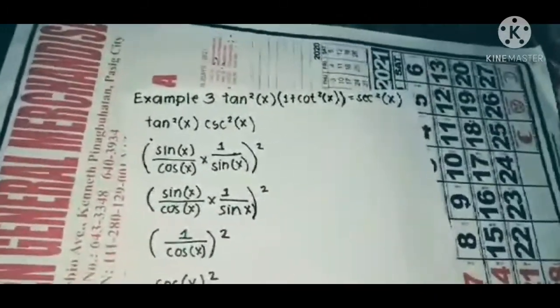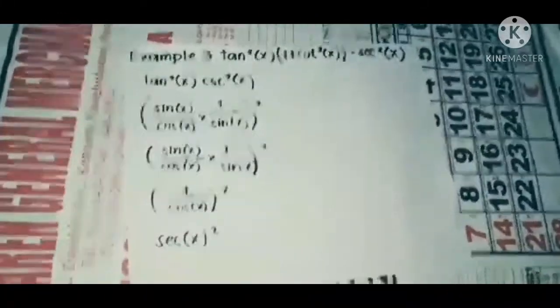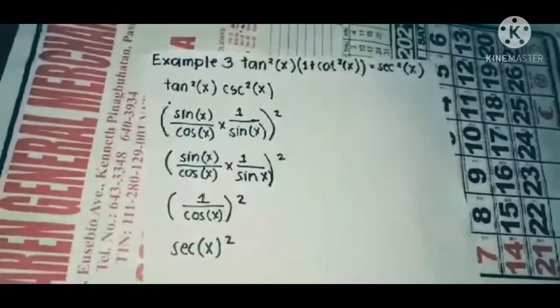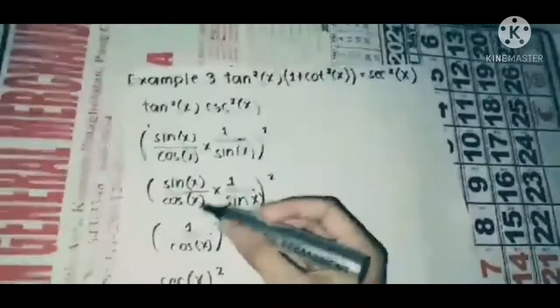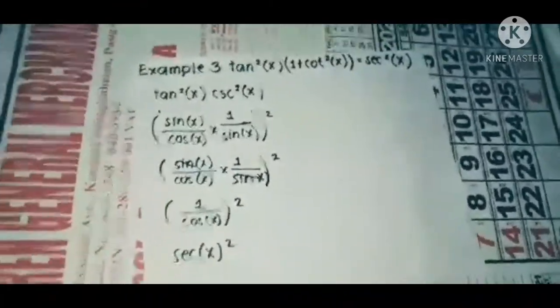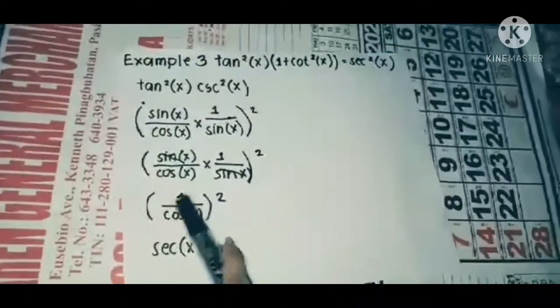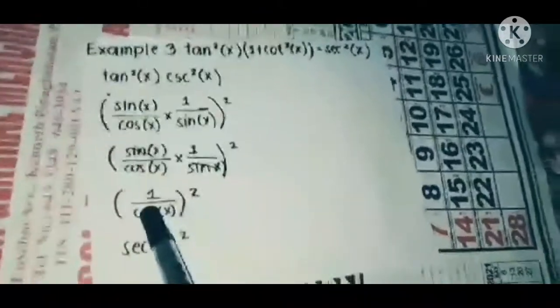The next thing that we need to do is reduce the expression with sine x, so we cancel out the sine terms. After I cancel that, we now have the expression 1 over cosine squared x.